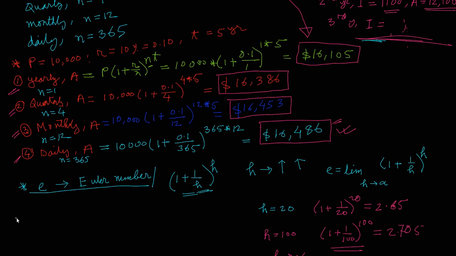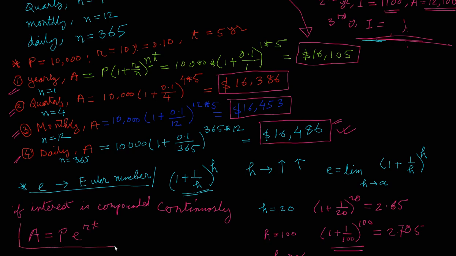Now what if interest is compounded continuously? If interest is compounded continuously, then the formula will be A equals P e power RT. Okay, so this is the formula for continuous compound interest.